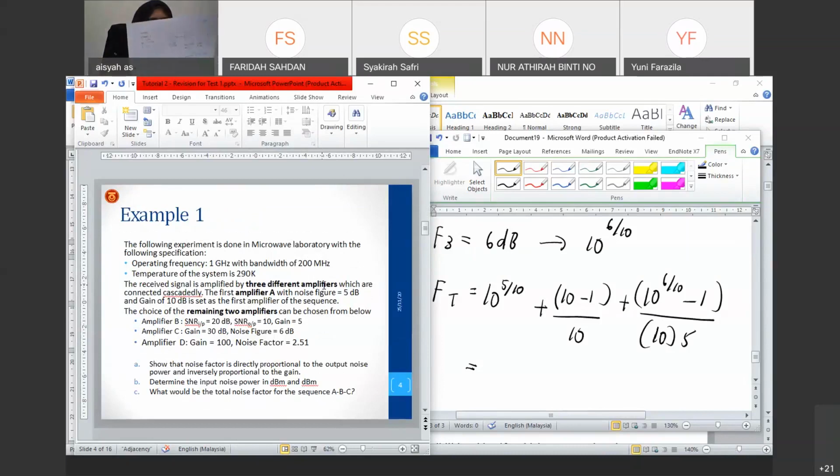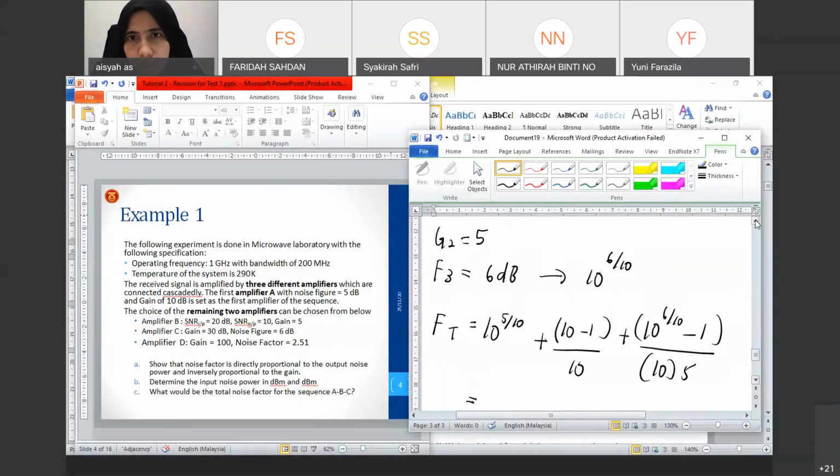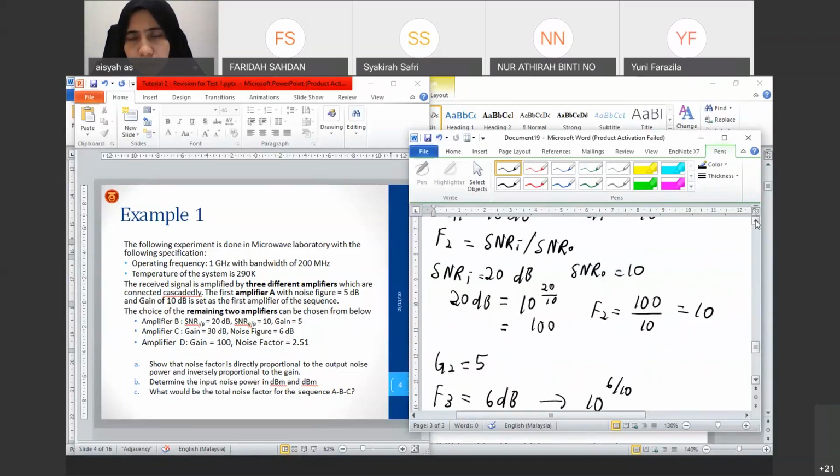F3 minus 1 over G1, G2. Which one? The last one. Is it supposed to be 10 times with 3.2 again for G2? Yeah, because this question is also confusing.